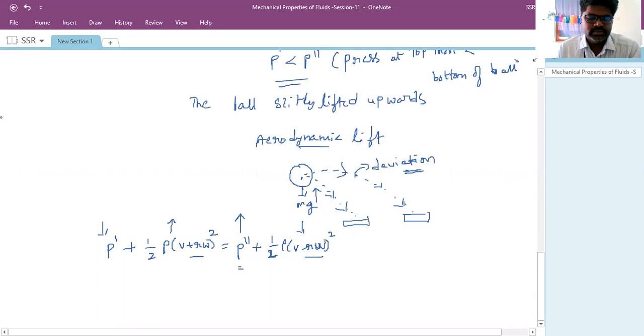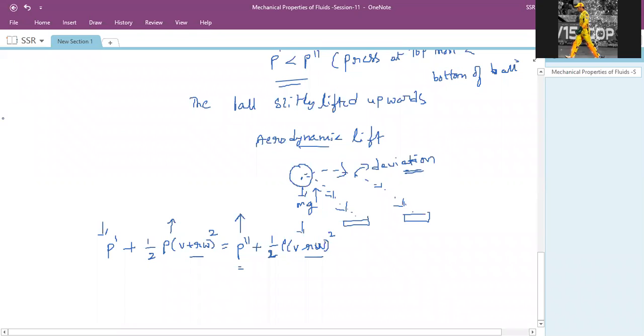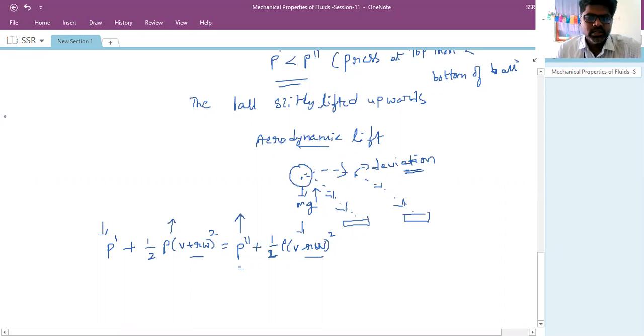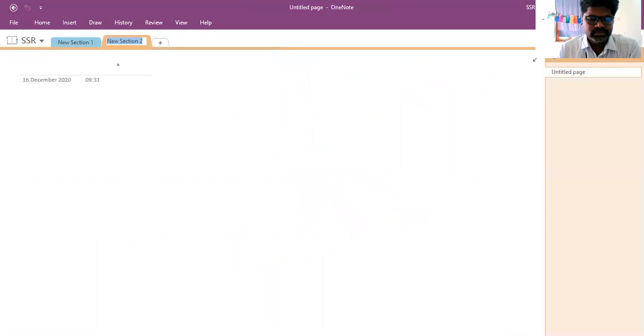Magnus effect application. Whatever lift is coming here, that same type of lift you can use in airplanes also, the aerodynamic lift. Because of the pressure difference, an upward motion is created, an upward lift. That lift we call the aerodynamic lift, and we can see it in the airplane wing.